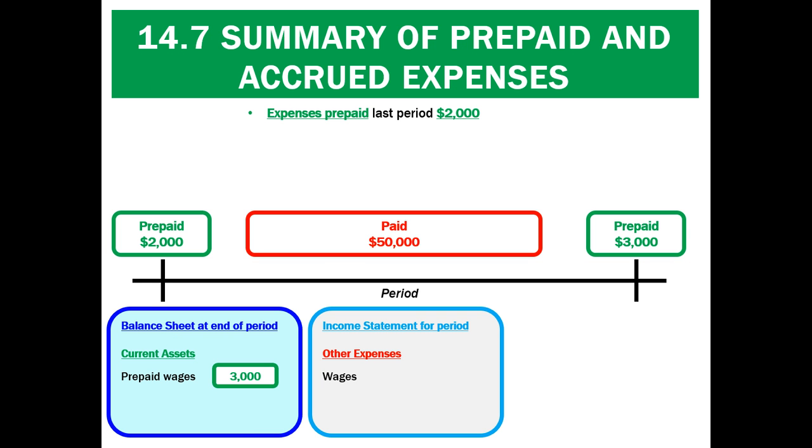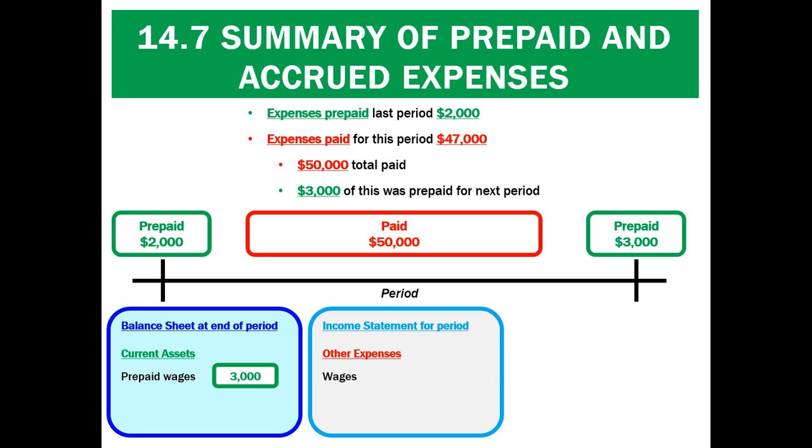So the total expenses paid for this period must be $47,000. The reason is, we paid $50,000, but $3,000 of that was actually for next period. So together, if we used up the $2,000 that was prepaid last period, and then we paid $47,000 of wages that were incurred this period, our overall total will therefore be $49,000.